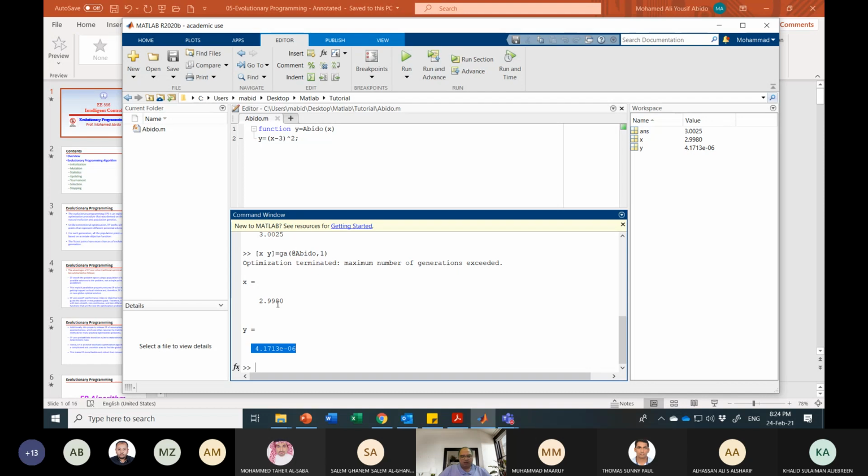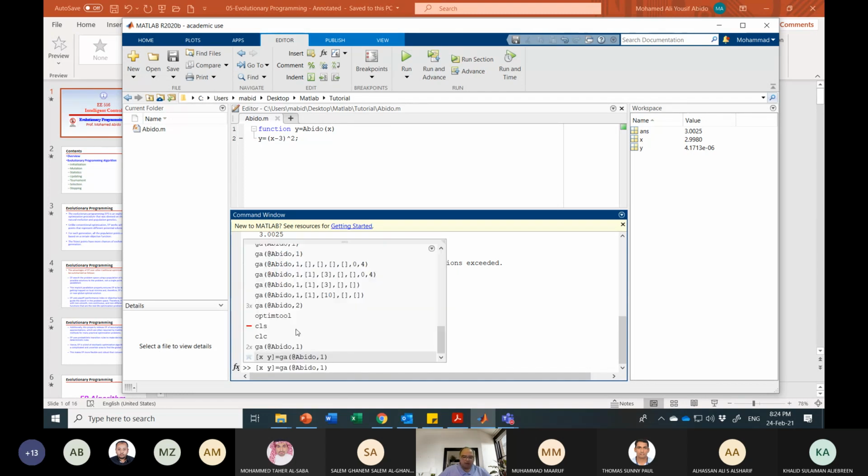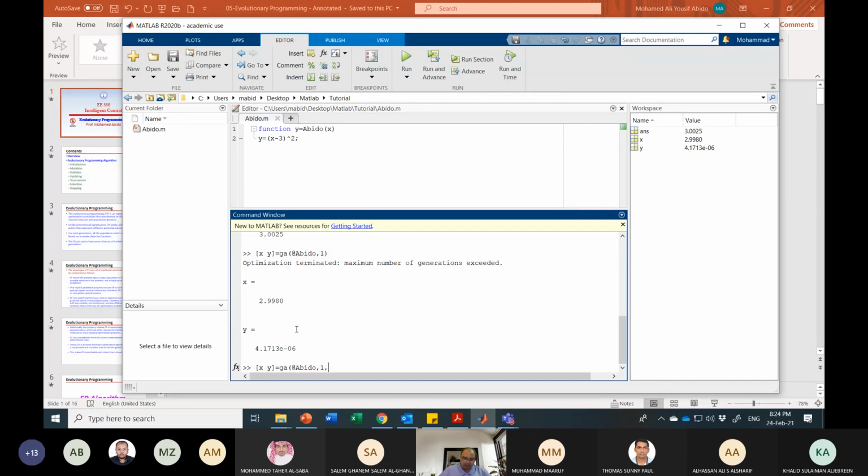So let us limit ourselves. Let us put some bounds, upper and lower bound here. So what we will do is we don't have the inequality constraint. We don't have equality constraint.